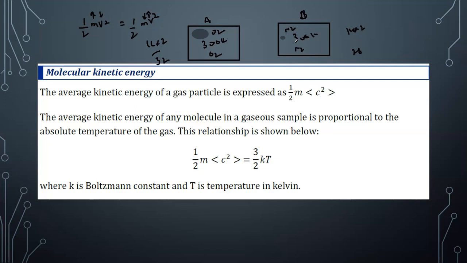So when we work out the root mean square speed, nitrogen molecules will move faster and oxygen molecules will move slower. But the half mv square for oxygen should be the same as half mv square for nitrogen, because they are at the same temperature. So even in a mixture of gases at the same temperature, the lighter one will move faster and the heavier one will move slower.